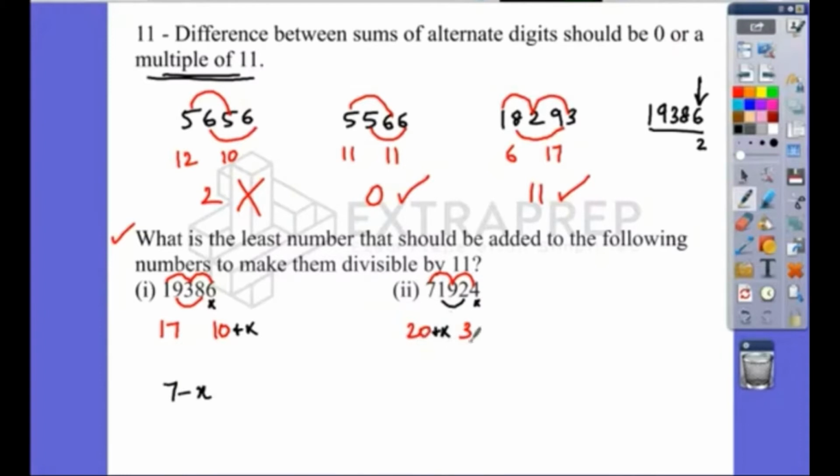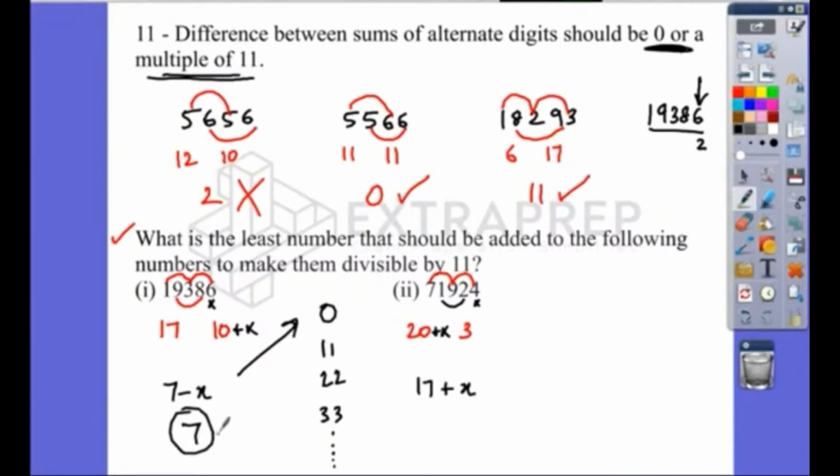Similarly, larger value minus smaller value, 20 plus x is the larger value, subtract 3 and you get 17 plus x. Okay, as I already told you, the result should be 0 or a multiple of 11. So it can be equal to 0, it can be equal to 11, it can be equal to 22, it can be equal to 33 or so on, right? So 7 minus x, for it to be equal to 0, what is the value of x?